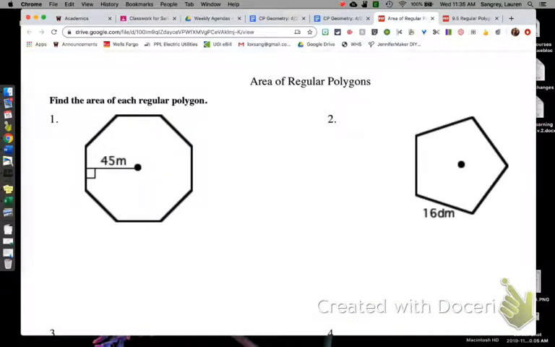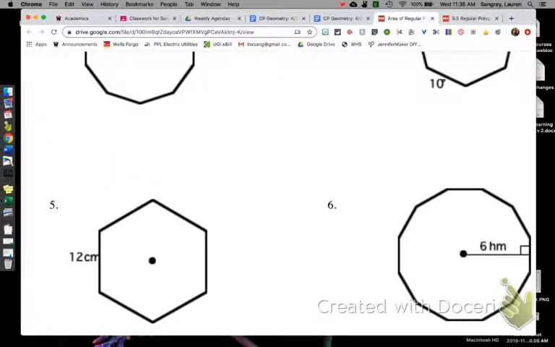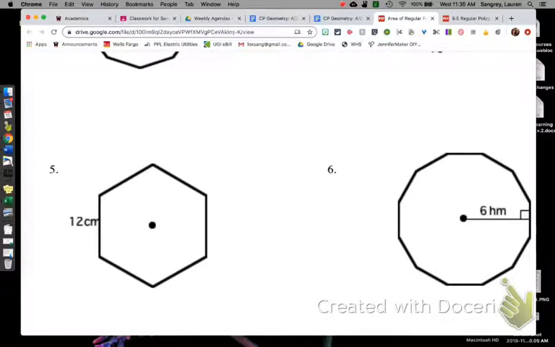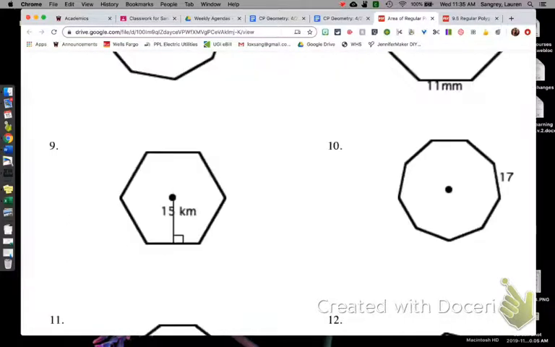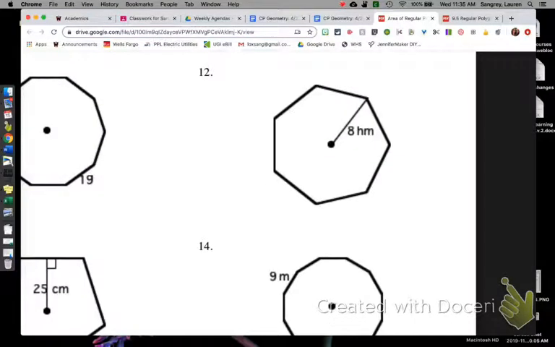Okay, the next example I'm going to do is not on the note sheet, it is on the homework worksheet, and I am going to look at number 12. So here we know what the radius is. So we have to do our first step, which is to draw in the apothem so that we get our right triangle.